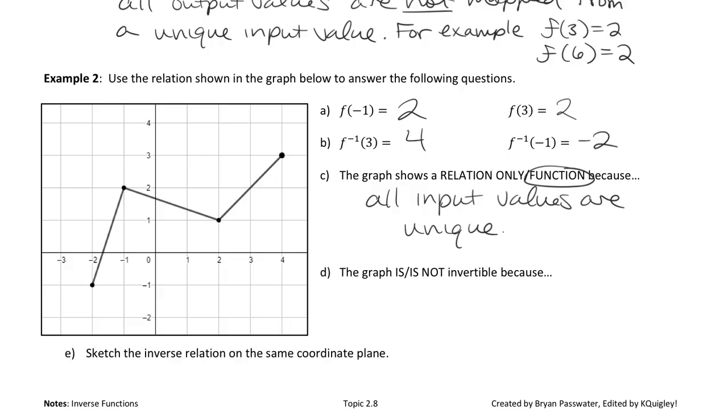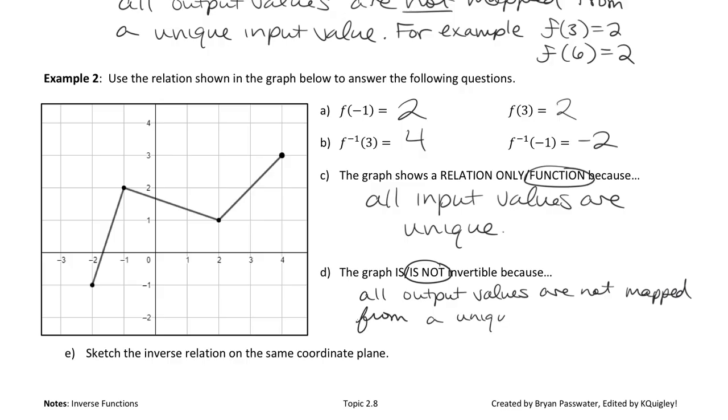Let's talk about invertibility. Did we have any repeating output values? We did. So is this graph invertible? No. This graph is not invertible because, and then we give the definition, all output values are not mapped from a unique input value.